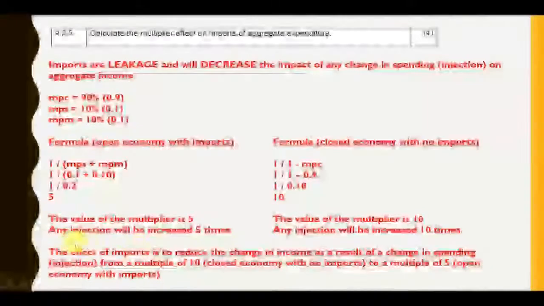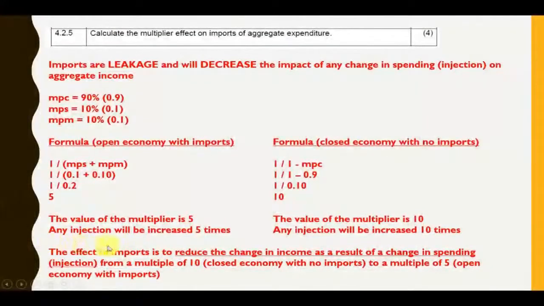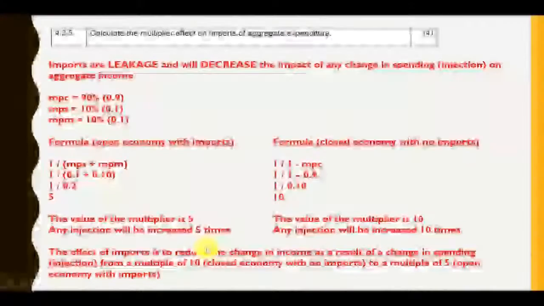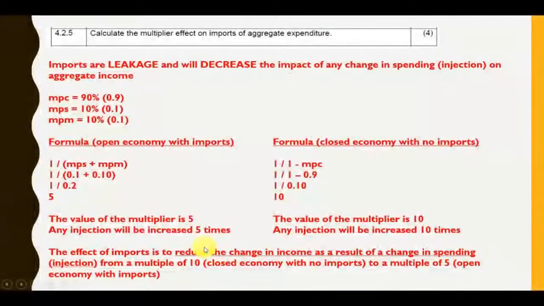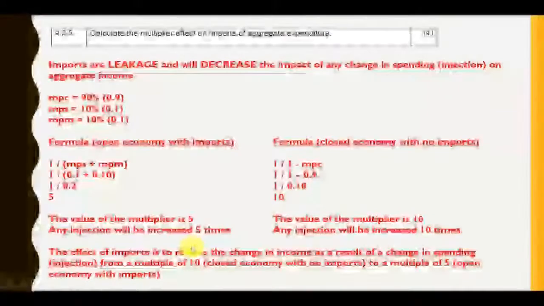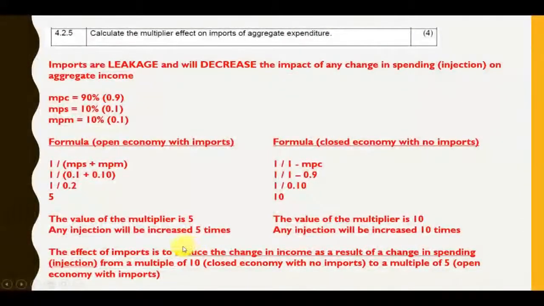It says for any injection, how many times will that increase as the money moves around the economy? So go back to your definition of the multiplier. For any initial injection, there is a greater final change in output and expenditure. Okay, so I hope that's clear to everybody.